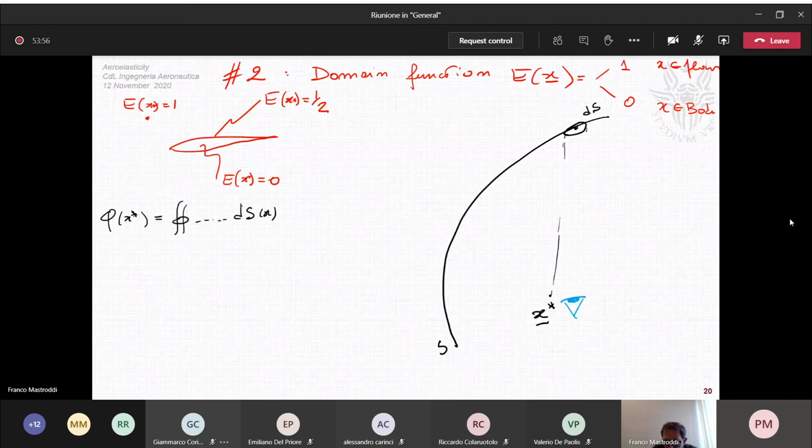So this surface has a normal. This is the case. I am inside the body, for example. Okay. And here I have a normal.